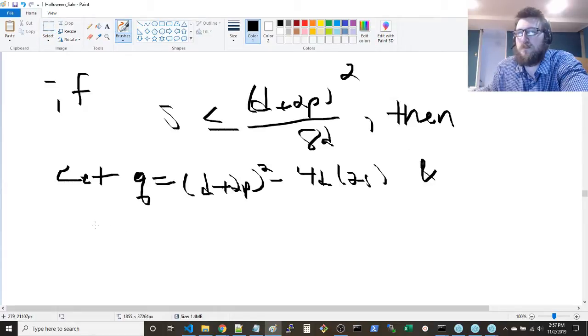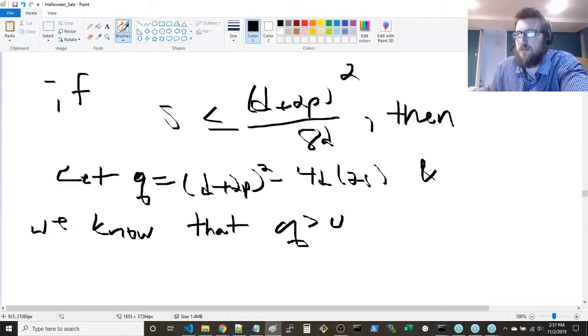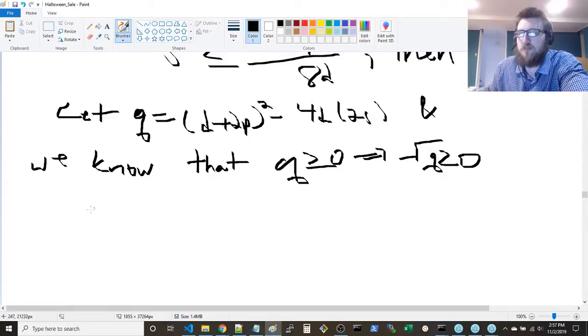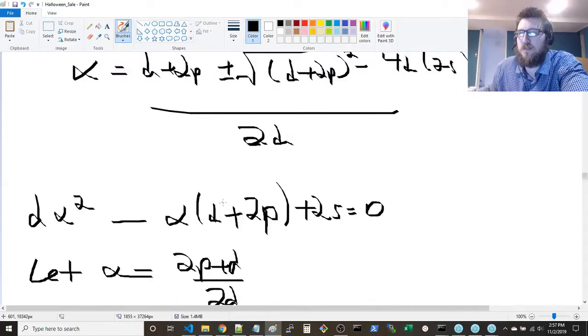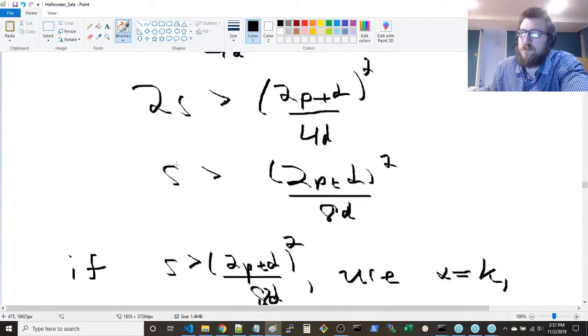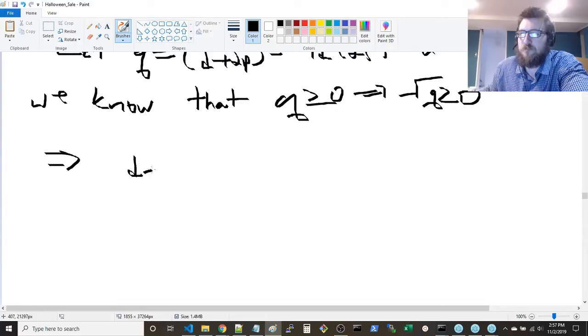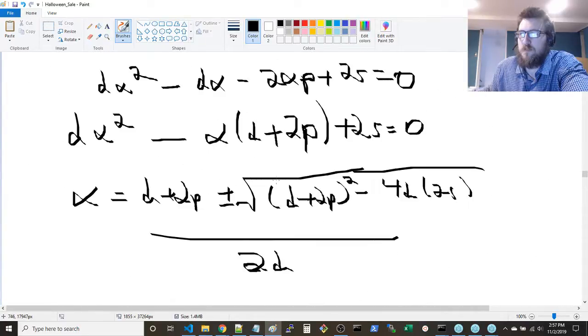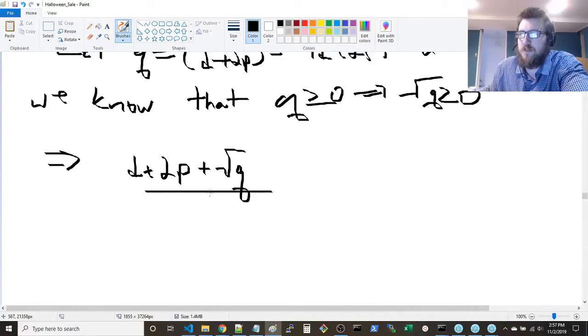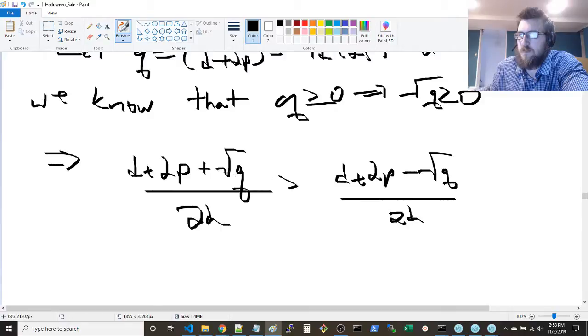And we know that q is greater than 0, which implies square root of q is greater than 0, which implies that d plus 2p plus square root of q over 2d is greater than d plus 2p minus square root of q over 2d.